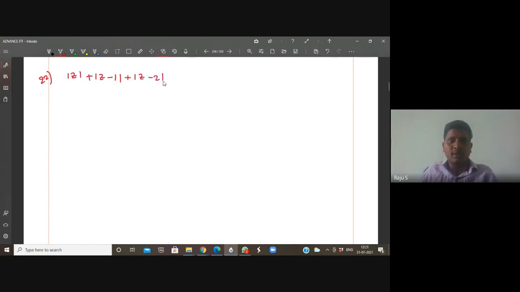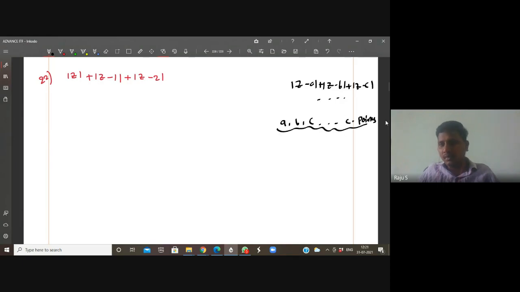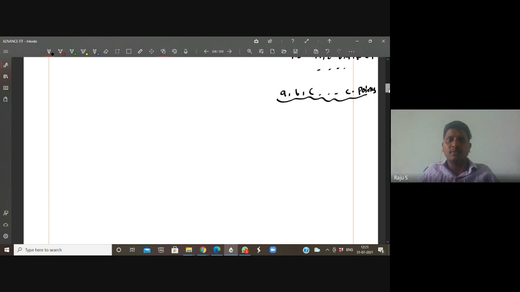Okay, right. See here, actually, modulus z minus a plus modulus z minus b plus modulus z minus c, and so on. Whatever these a, b, c values are, a comma b comma c, these values are called critical points. What does it mean by critical points? That will be explained to you.